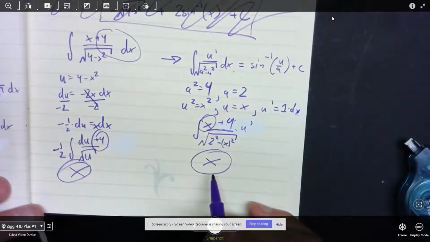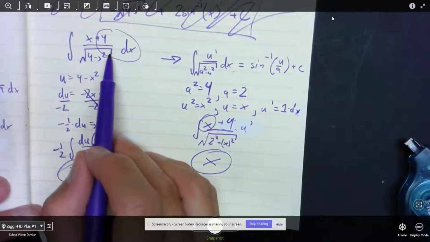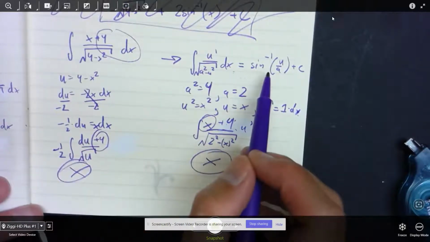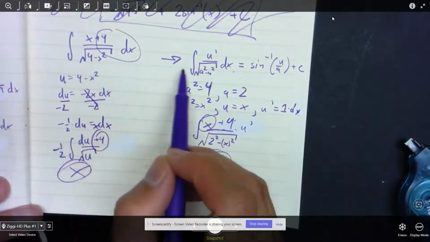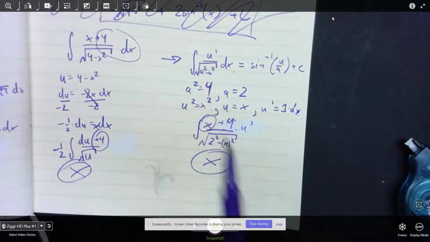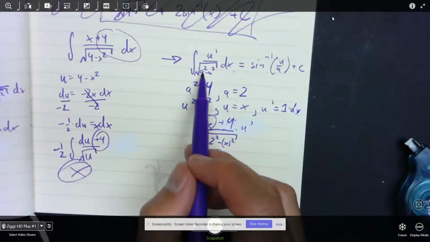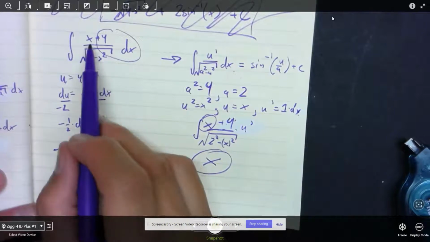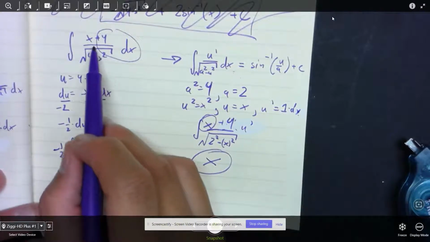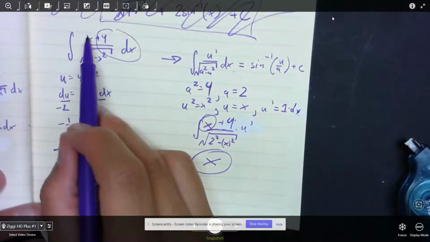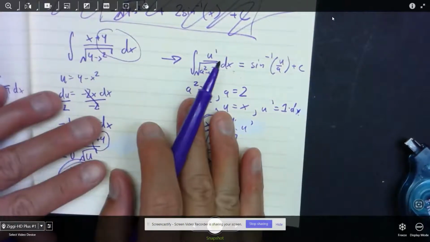Well, the truth is, this problem has bits and pieces. In the future, if you have a denominator that resembles one of the inverse trigonometric integral solutions, like a square root of a squared minus u squared, or a squared plus u squared on the bottom, and then a variable that is 1 degree lower than the bottom being added to a constant on top, then the solution requires both of these methods.